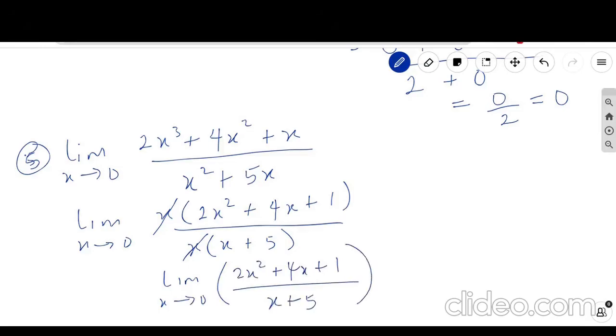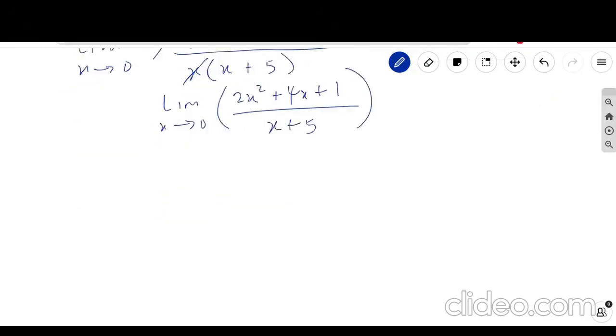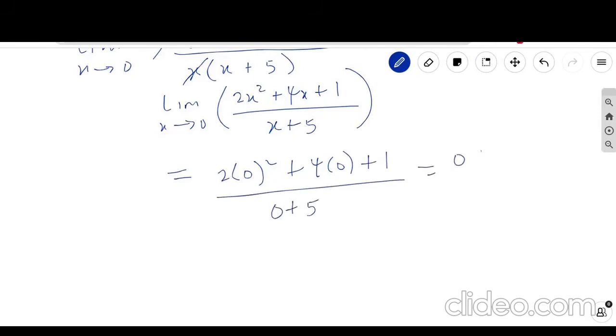The next thing to do now is we can substitute, which is 0 squared plus 4 times 0 plus 1 over 0 plus 5, and that will be 0 plus 0 plus 1 over 5, and that will be 1 over 5.